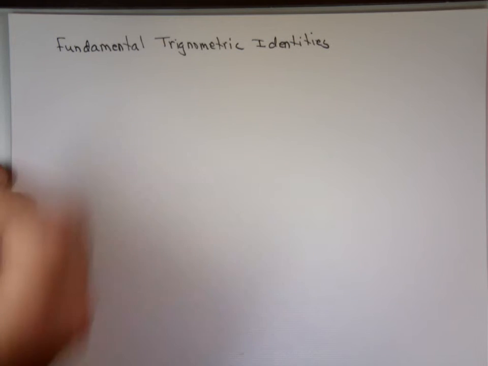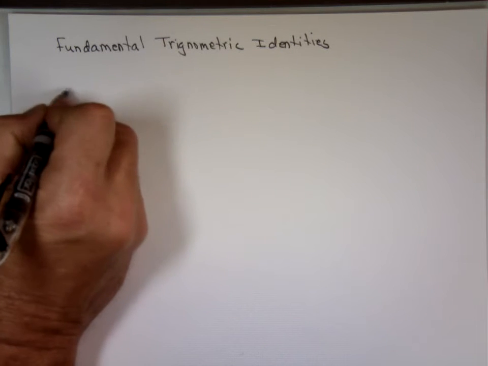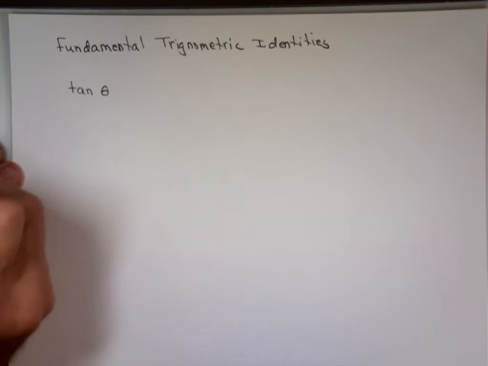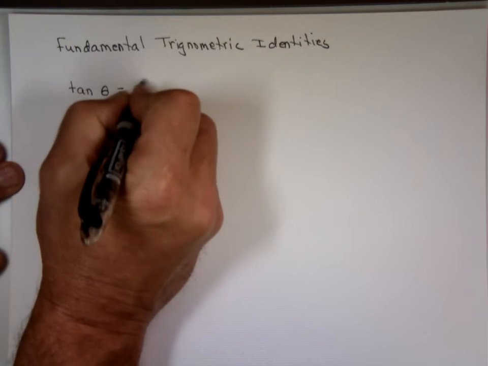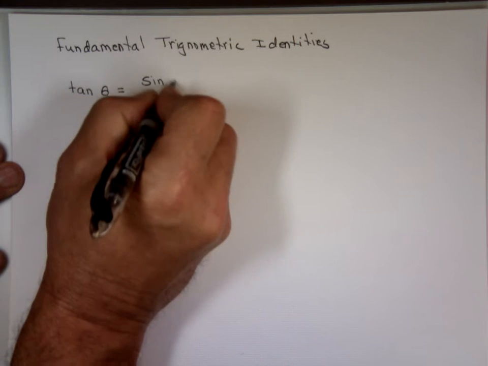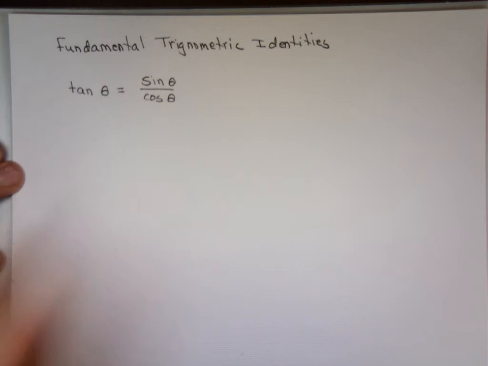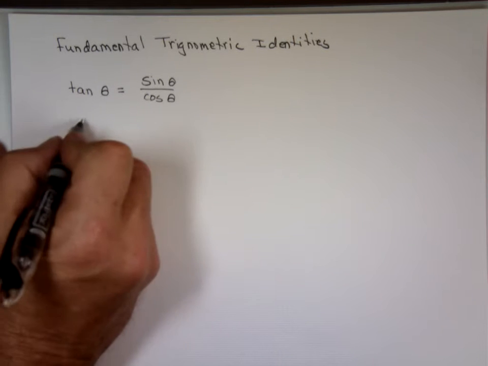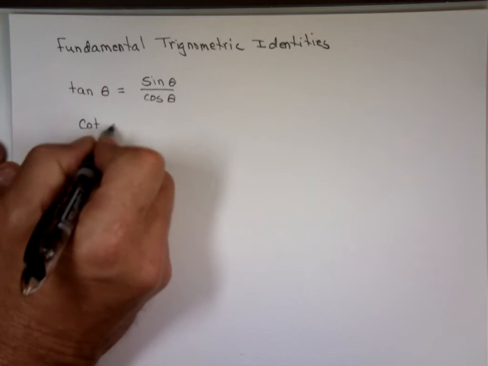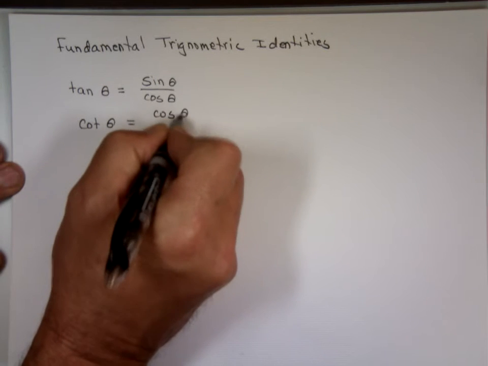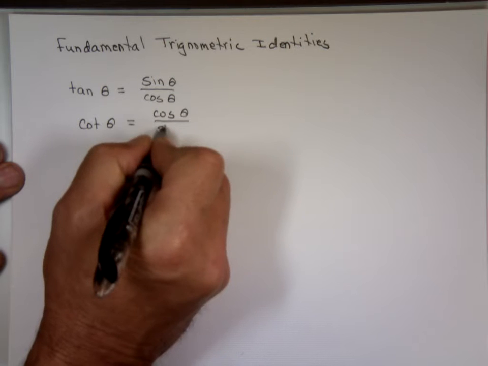Okay, so let me begin with tangent theta. Tangent theta is equal to what? Sine of theta over cosine theta. Cotangent theta is cosine theta over sine theta.